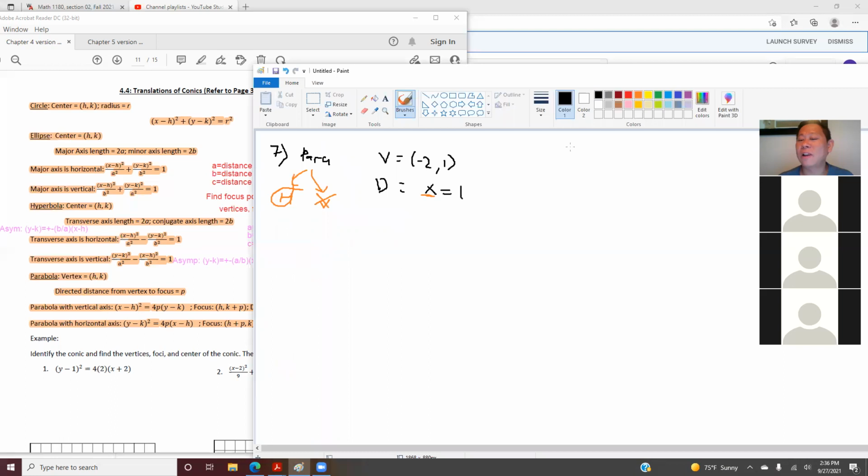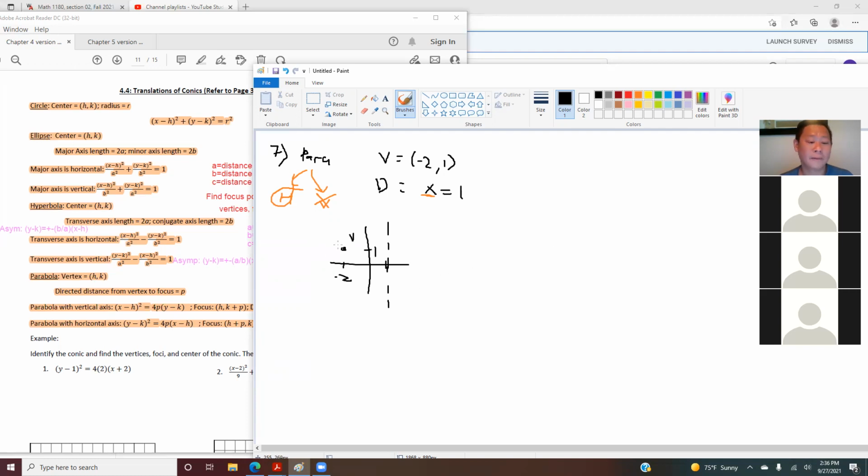So let me just draw a little bit of it so you guys know what the parabola looks like. So I say directrix is x equals 1. So this is 1. This is your directrix here. -2, 1 is right here. This is your vertex. So you think this one is going up, down, side, C?